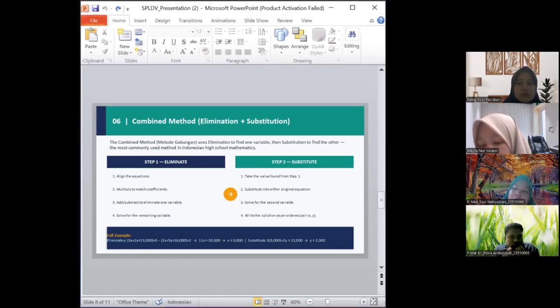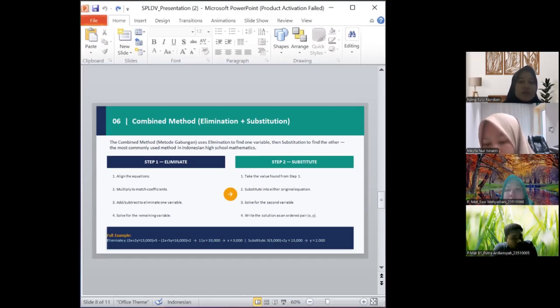So x is 3,000. Then substitute into equation 1: 3 times 3,000 plus 2y is 13,000. So 9,000 plus 2y is 13,000.